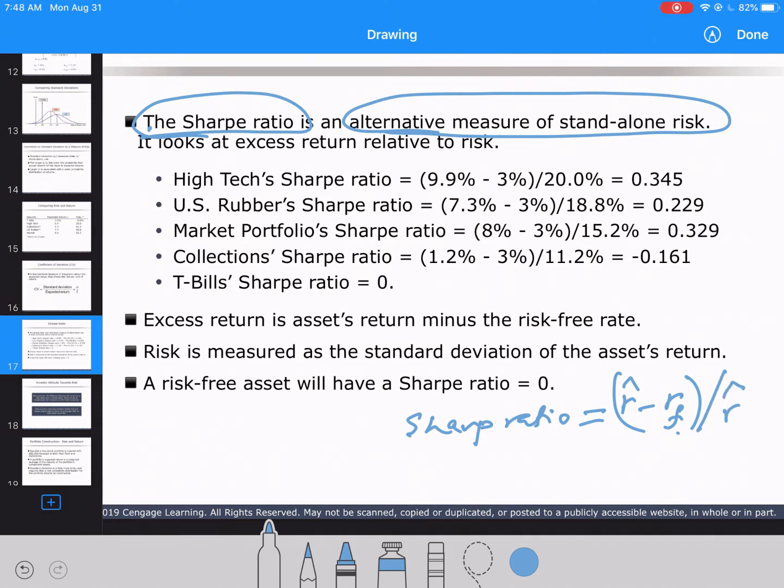And that's Sharpe ratio. So higher the Sharpe ratio, higher is the reward per unit of risk. This part is known as excess return, excess over risk-free. So we can say that high tech has a ratio of 0.345, the highest in here. A risk-free asset will have a Sharpe ratio of 0.